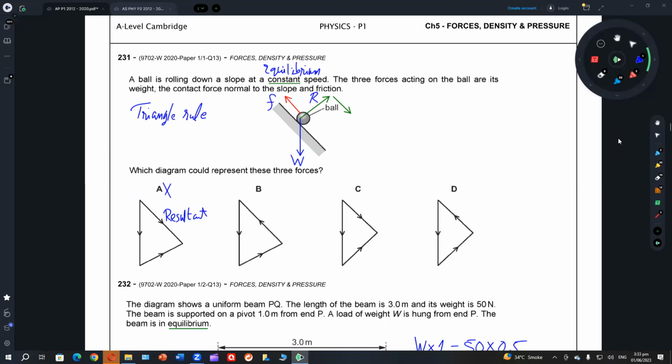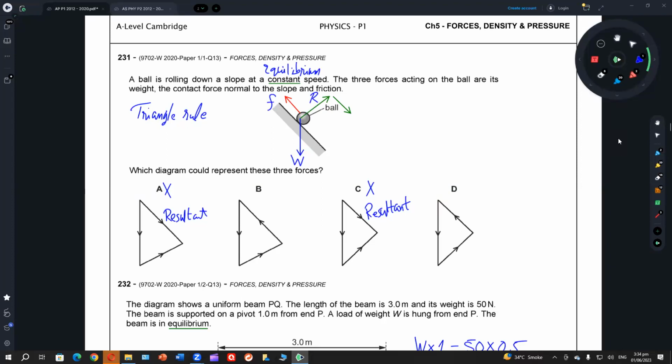B is an option. C cannot be. C shows resultant. So you have to select between B and D.